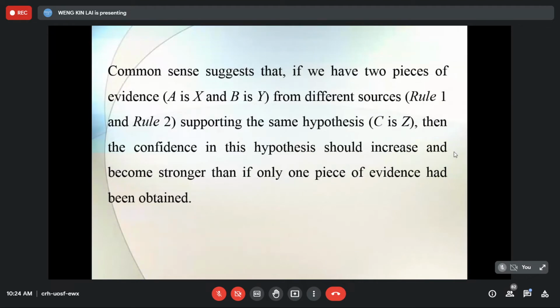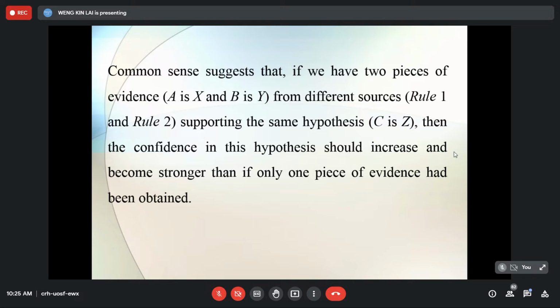Now, common sense again suggests that if we have two pieces of evidence, that is your A is X, that is your evidence, and B is Y, and from different sources, right? So this is not the same as before, because if you are from the same source, you can maybe use either the conjunction or the disjunction function. But in this case, they are from two different sources. Therefore, rule one may or may not fire, regardless, it's not dependent on rule number two.